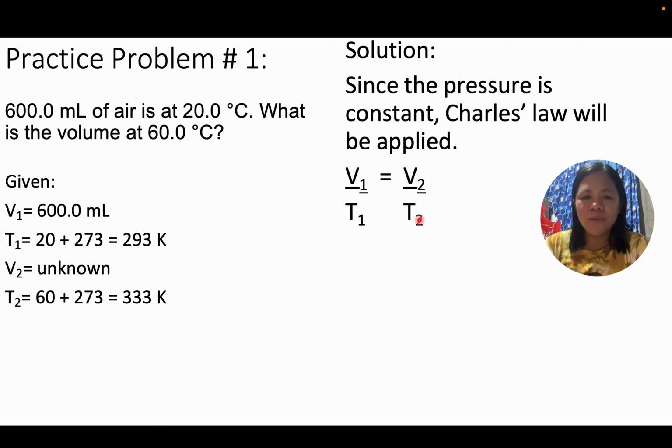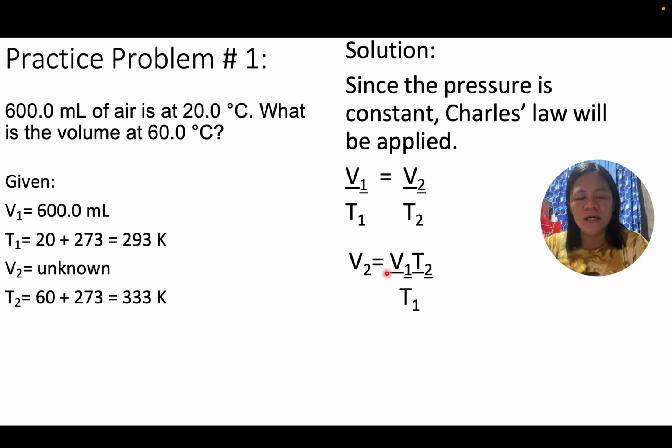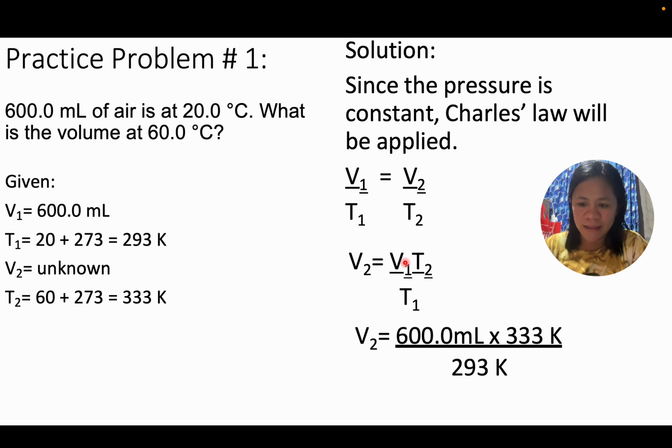Again, the one below our unknown, we just put on the other side, where it will become the numerator. Okay? So, we just distribute the values given to us. V1 is 600, T2 is 333 Kelvin, T1 is 293 Kelvin.